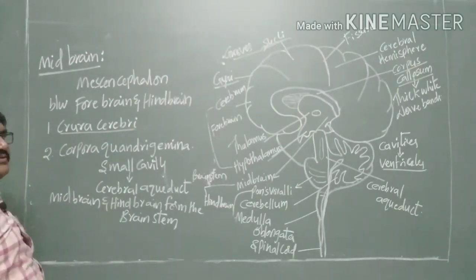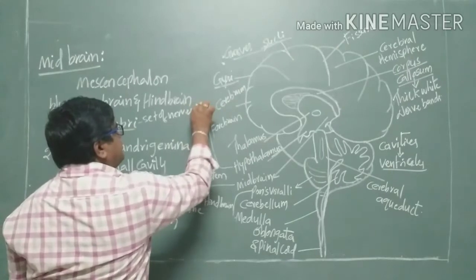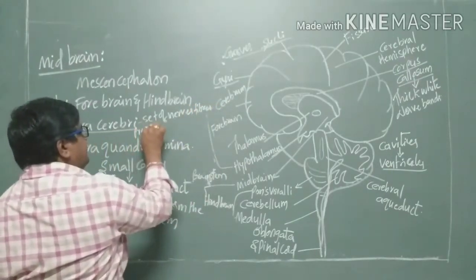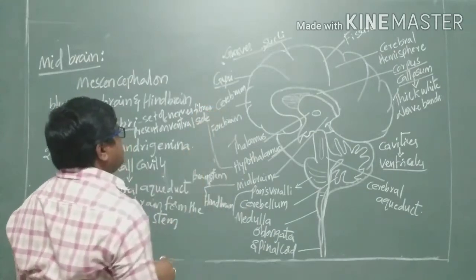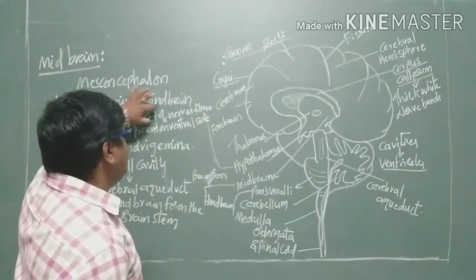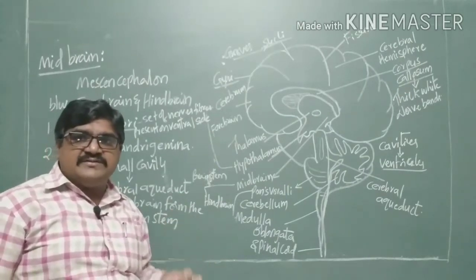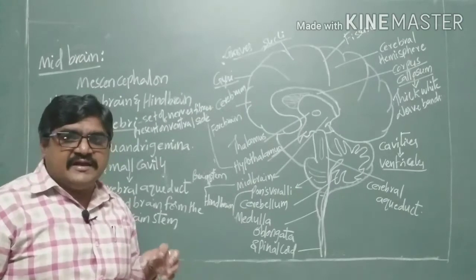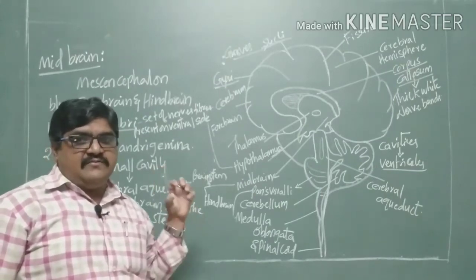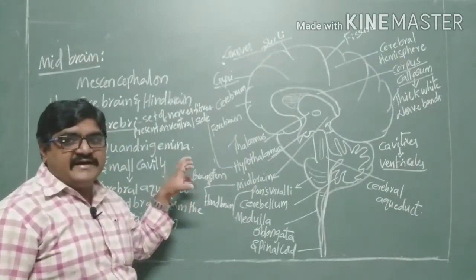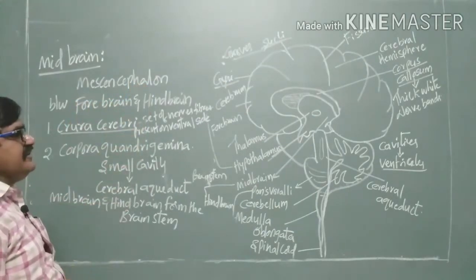It is a set of nerve fibers present on the ventral surface of the midbrain.